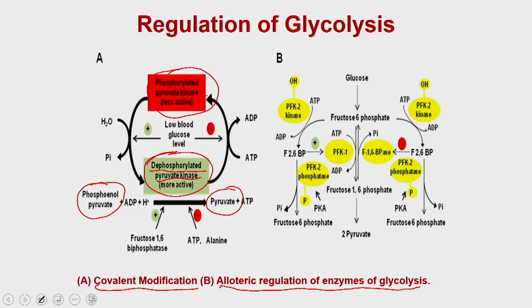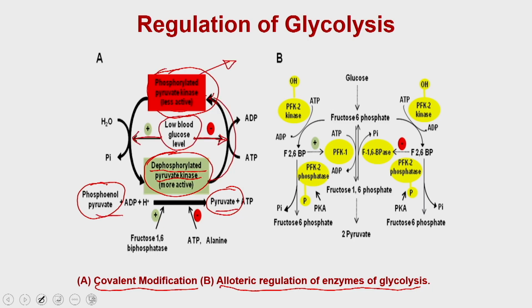But when the blood glucose goes up, the phosphorylated pyruvate kinase is converted back to the dephosphorylated pyruvate kinase, which is more active and catalyzes enhanced conversion of phosphoenolpyruvate to pyruvate.